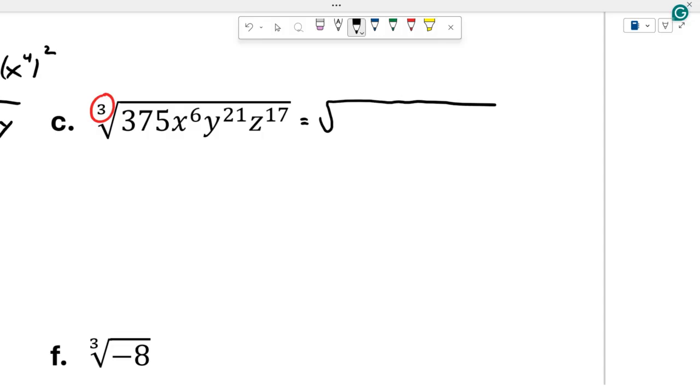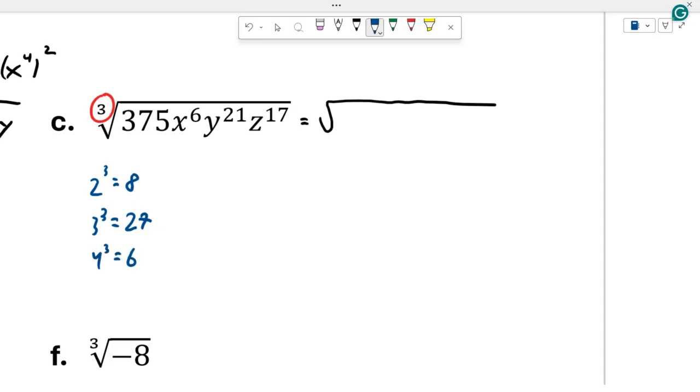The first cubic number that we care about is 8, because 2 cubed is 8. 8 does not go into 375, so that's not going to help. The next cubic number, 3 cubed, is 27. 27 does not go into 375, so that doesn't help.